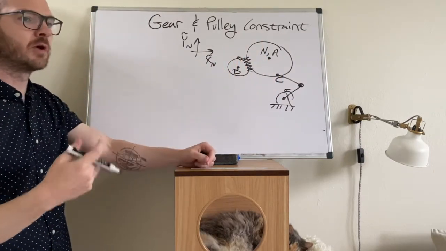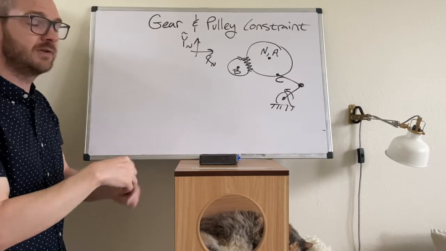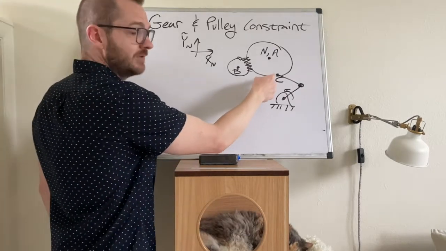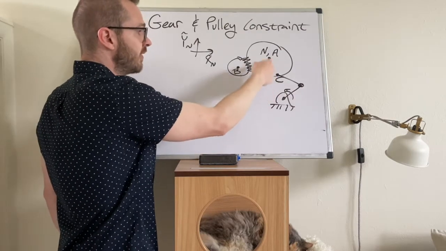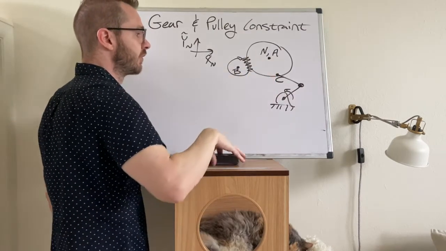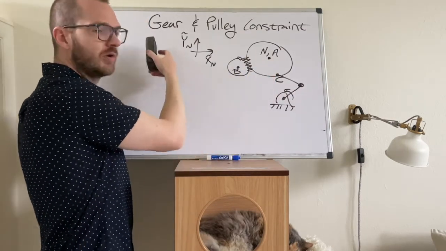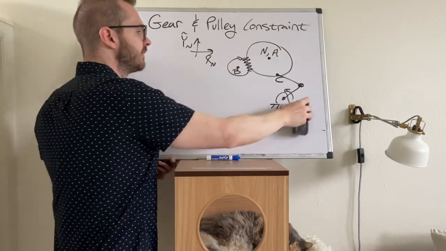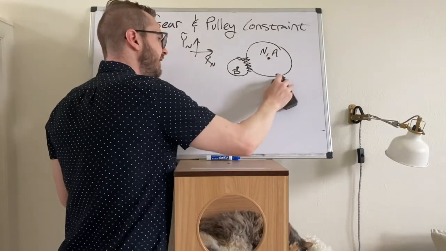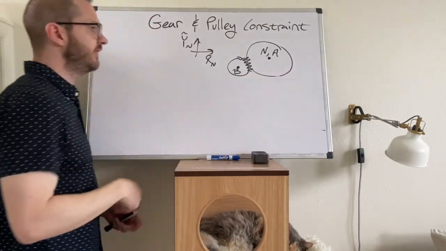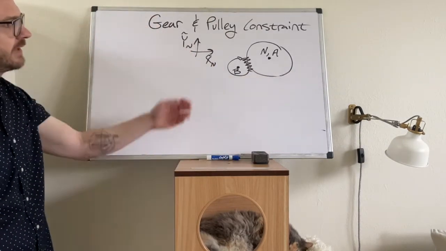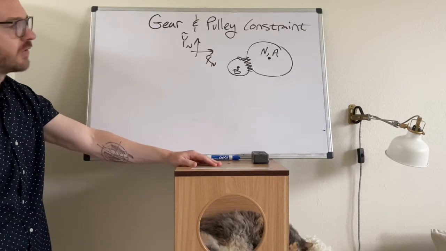It could be a part of a larger mechanism, in which case, if it were, you definitely need to know where point C is, because that's going to be part of this mechanism with the rest of the chain. In this case, though, we're only concerned about finding the constraint for the gear. So I'm going to take this out, and in fact, we do not need this point C out on the edge. So in this case, tracking the centers is totally fine.